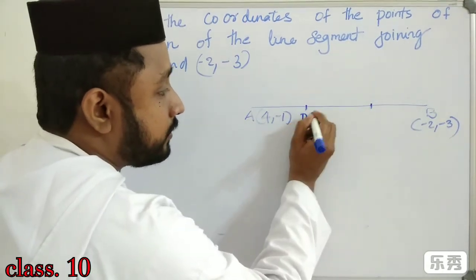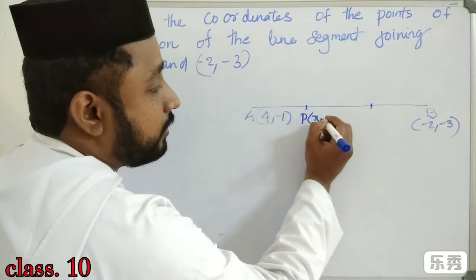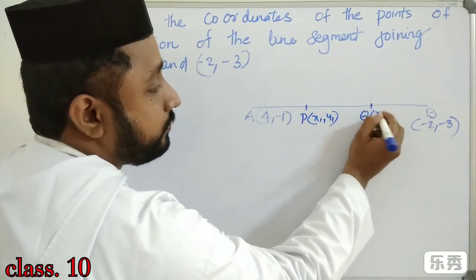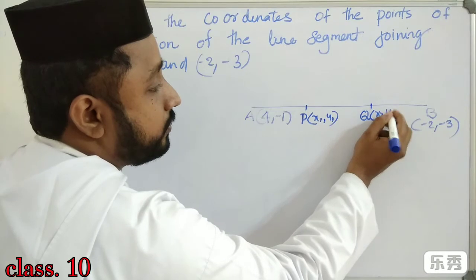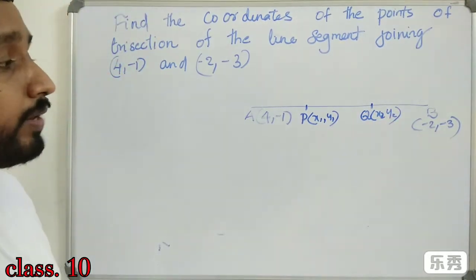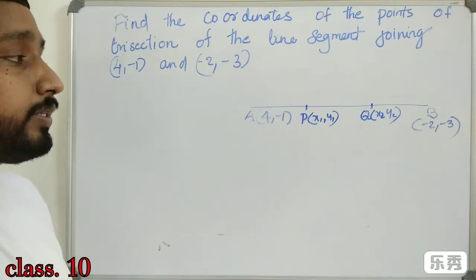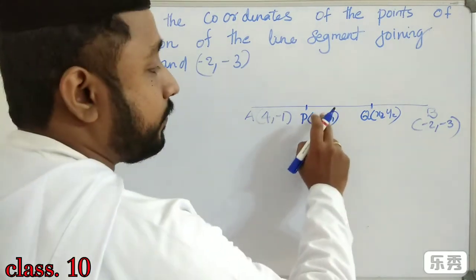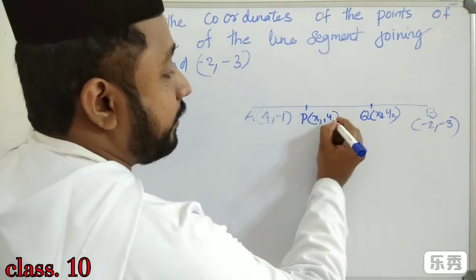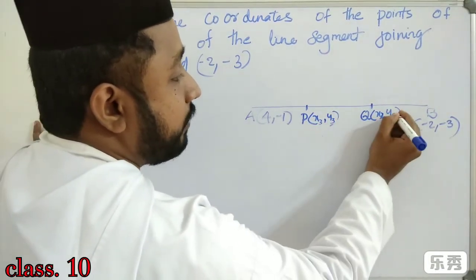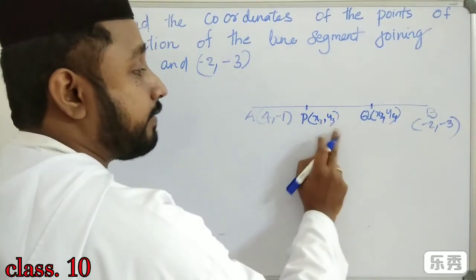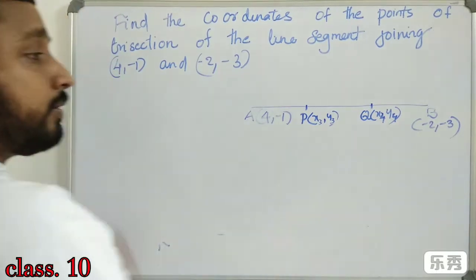I am going to take this as x1, y1, this is P, Q, x2, y2. Or we can take this as x1, y1, this is x2, y2, this is x3, y3 and this is x4, y4.